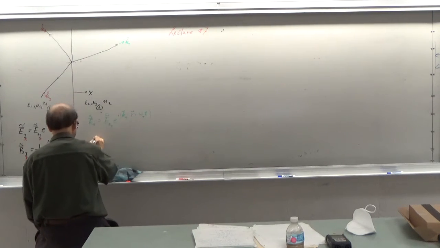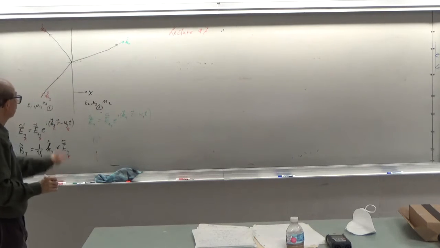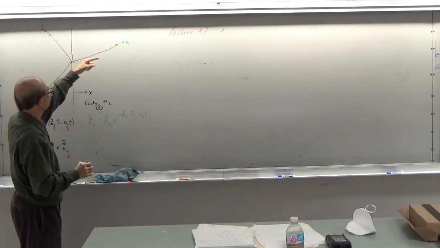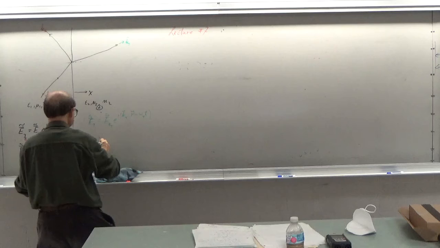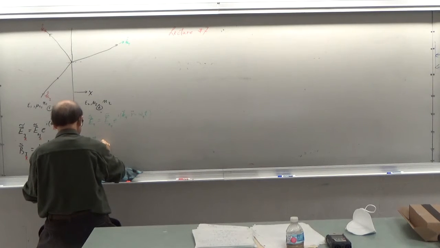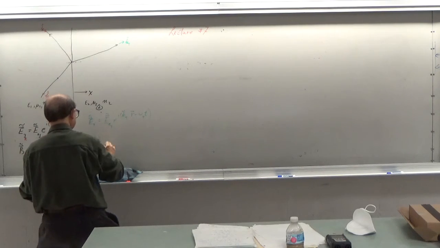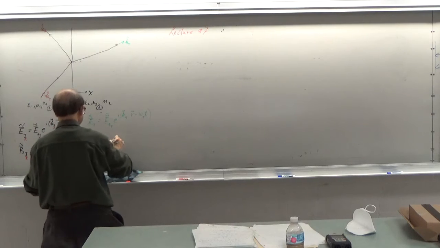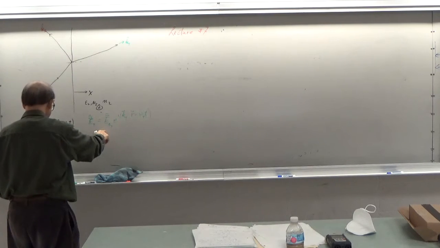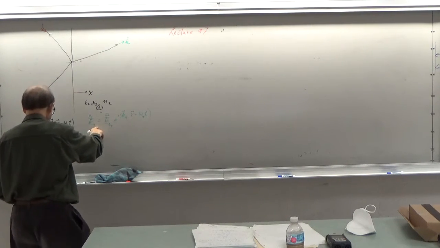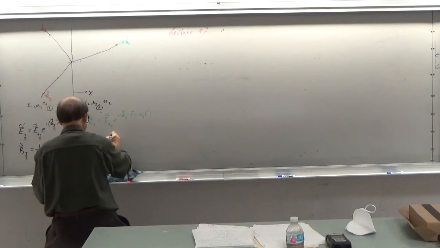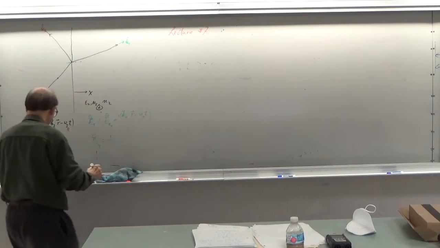And the corresponding magnetic field for the transmitted wave is B_T, related to the electric field E by the factor 1 over the speed of propagation.